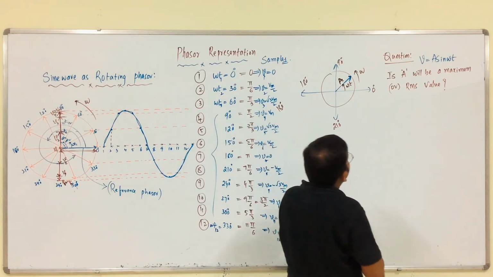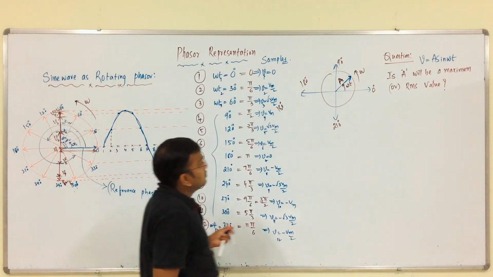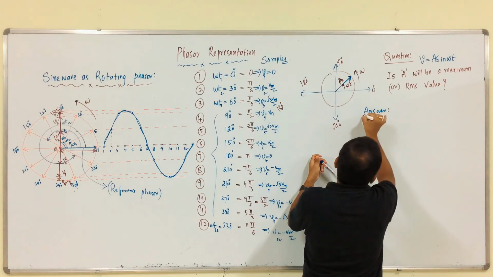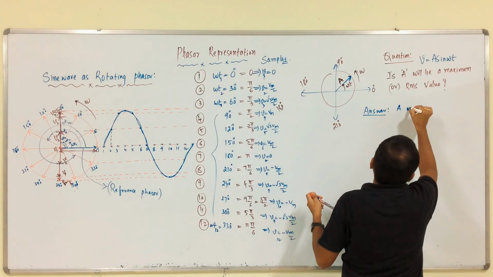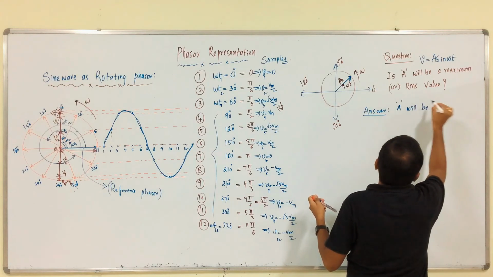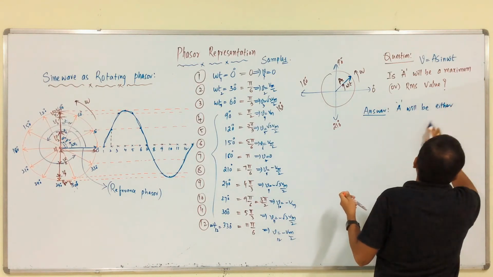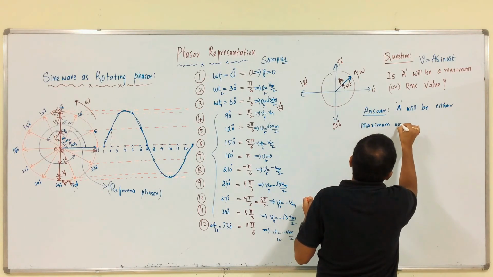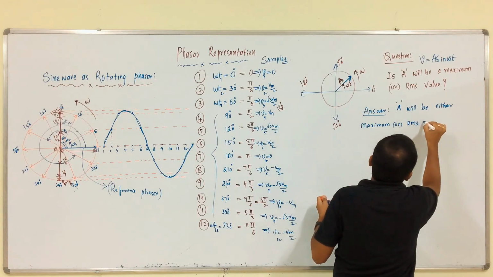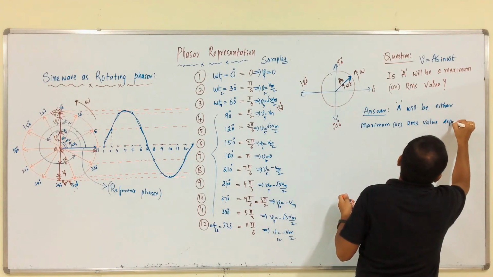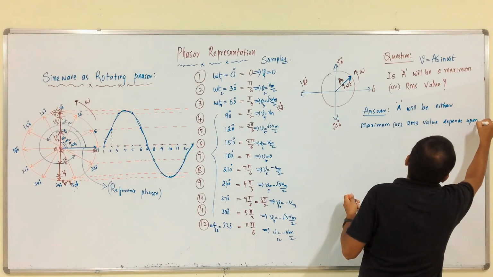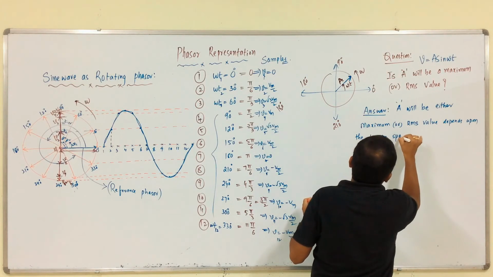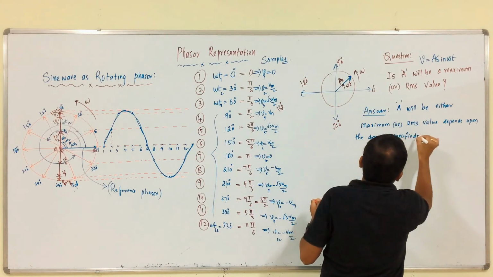See, for that the answer is, A will be either the maximum or the RMS value, depending upon the domain specified.